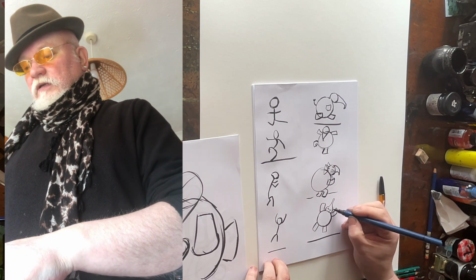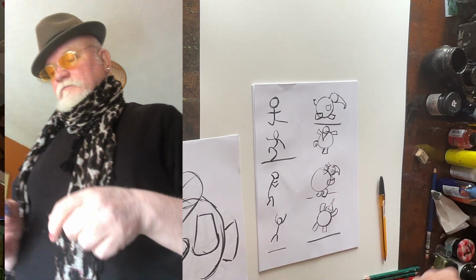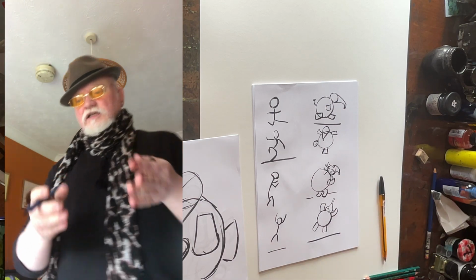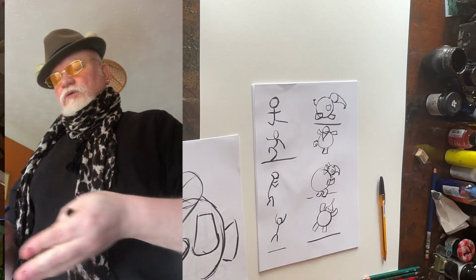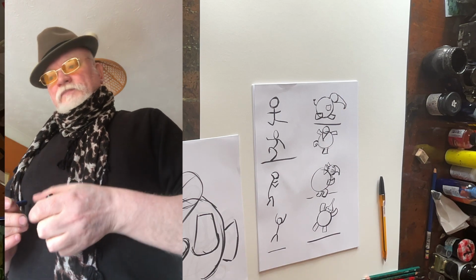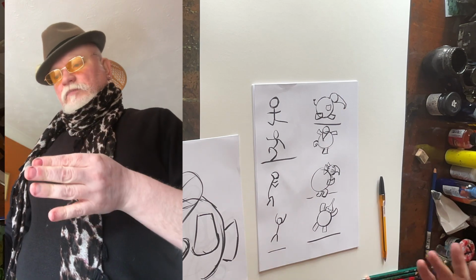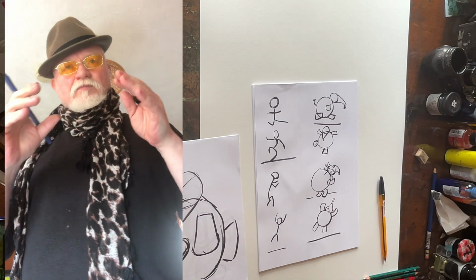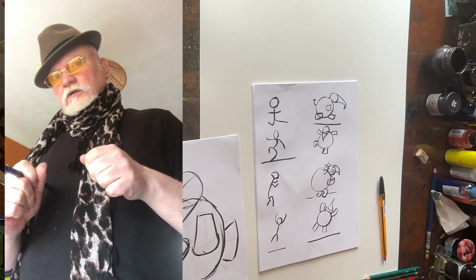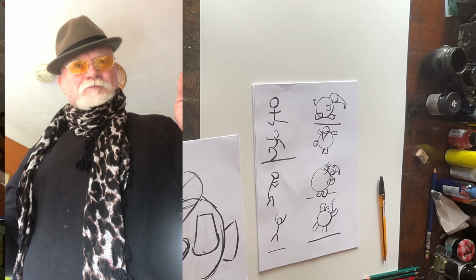Now, if you want to be a little bit fancy, you can add the ears. But here's what it's done. It's taken us from a very basic form into a much more complicated form. Now, if you were to take a bigger piece of paper and to take that very simplified basic form, we could do a full drawing.